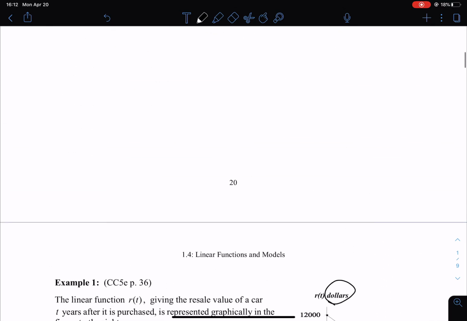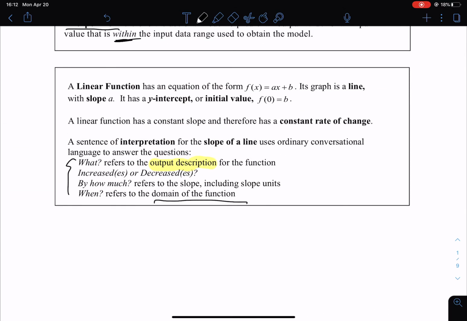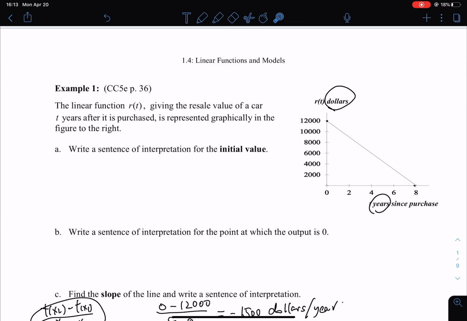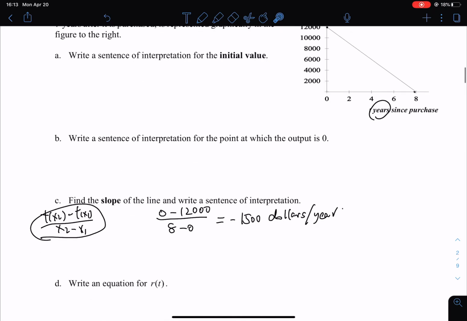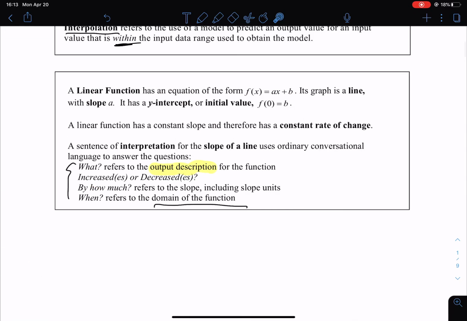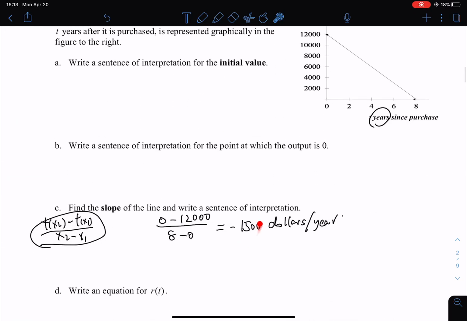And for the interpretation, what is the output description? That is the resale value. So the interpretation will be the car's resale value, and then increase or decrease. It's decreased because it's negative. So the car's resale value decreased by how much?